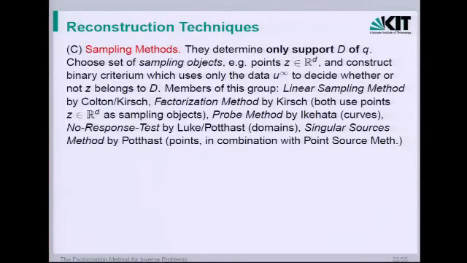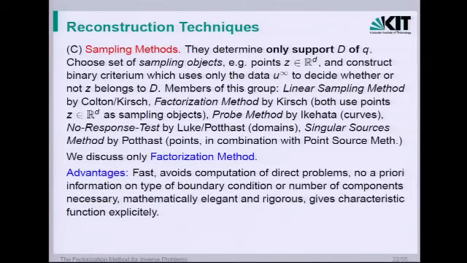Then the no response test by Luke and Potthast uses domains to sample, domains which are inside or outside. The singular sources method also uses points, in combination with the point source method. We will only discuss the factorization method here.